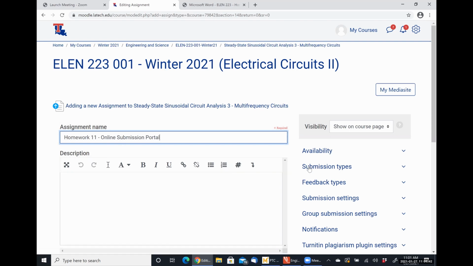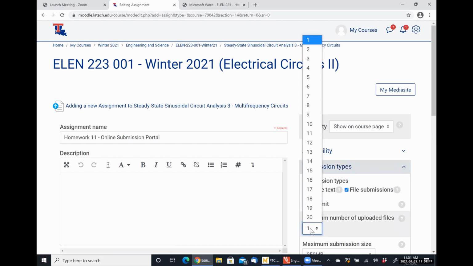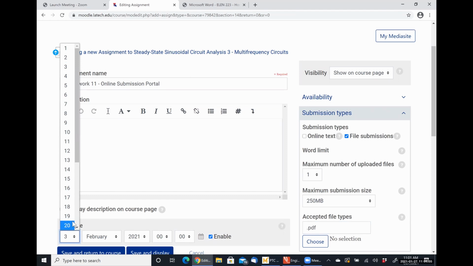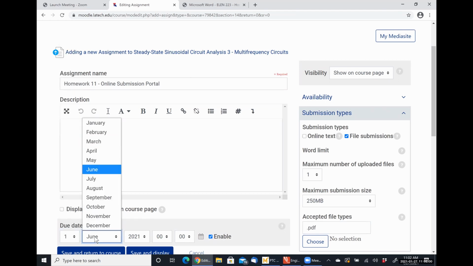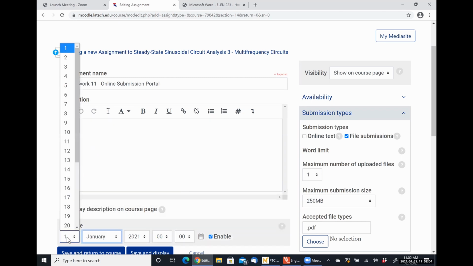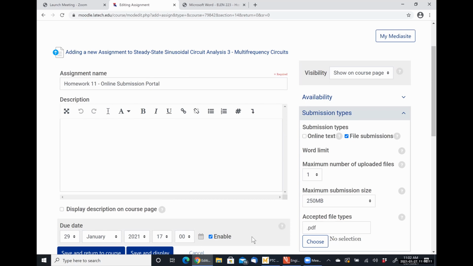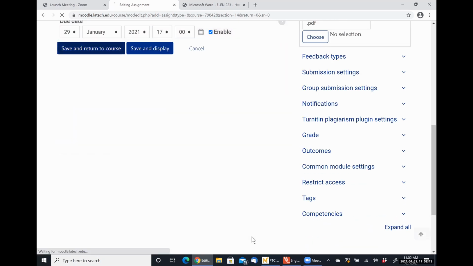I want one file, PDF. What we do Friday, which is the 29th. Oh, you're being difficult. 17. All right, save and return to course.